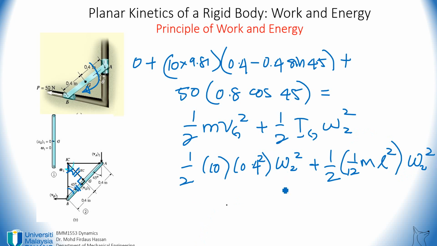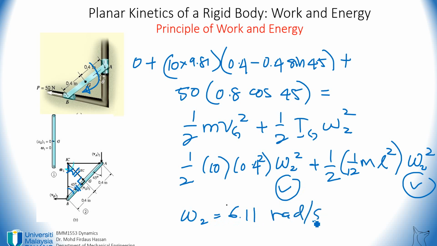After you solve this, there is only one unknown, which is omega 2. Once you solve it, you find that omega 2 is equal to 6.11 radian per second clockwise. That's the answer for this example.